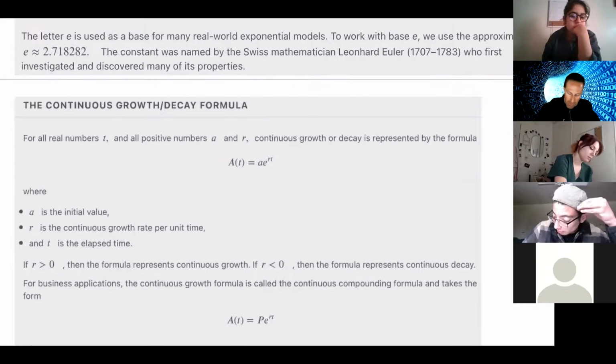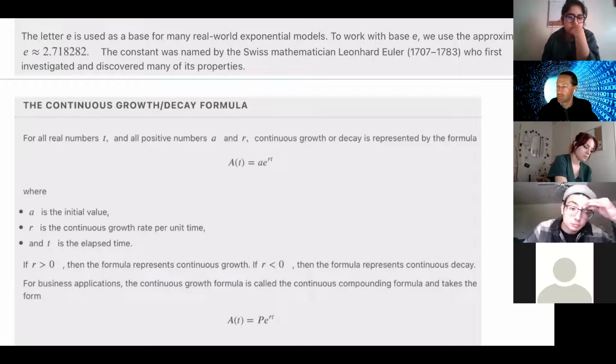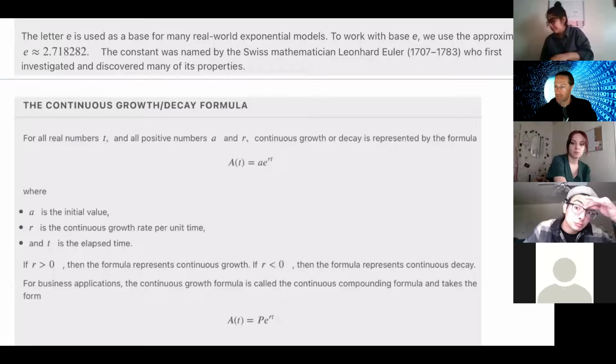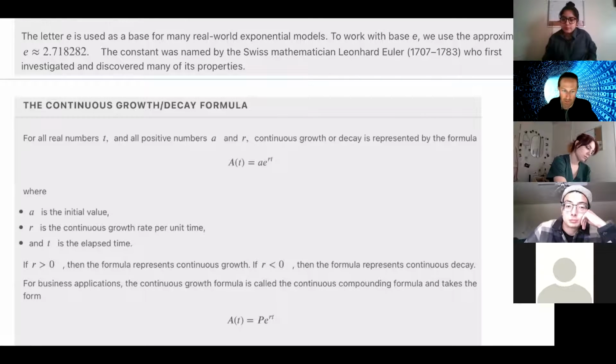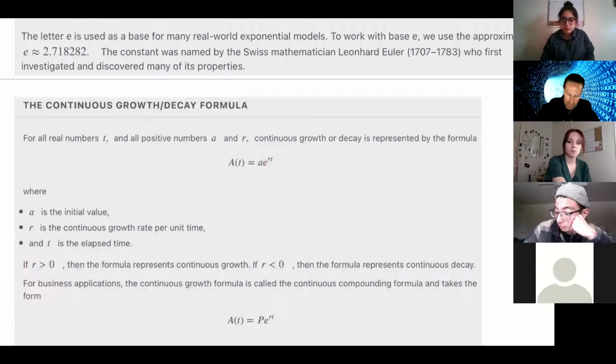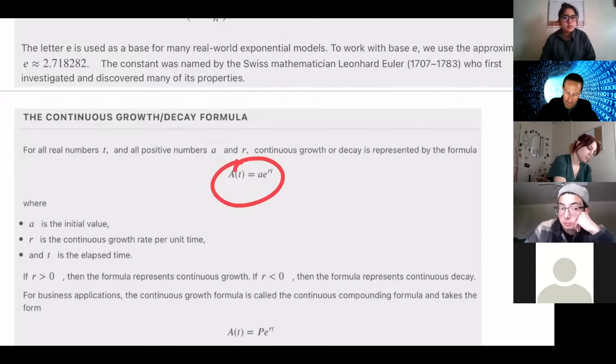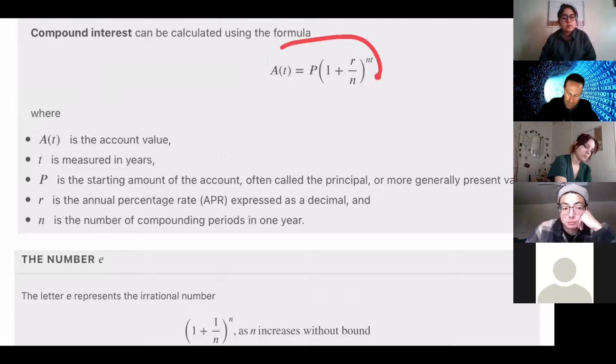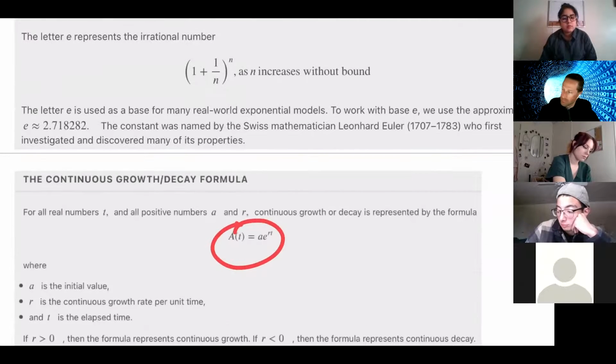So we will use this formula, which is called continuous growth or decay. Anybody that's going into the sciences, you may have heard of mitosis before. Okay, when cells split and split and split and split, so they keep doubling, for example, if they split into two. All right, so depending on the R, the rate will be whether or not it's a growth versus a decay. So this formula is just this formula with E in it.